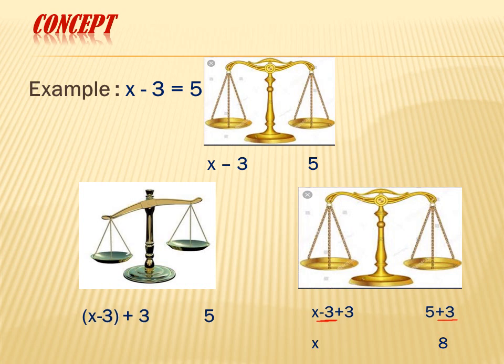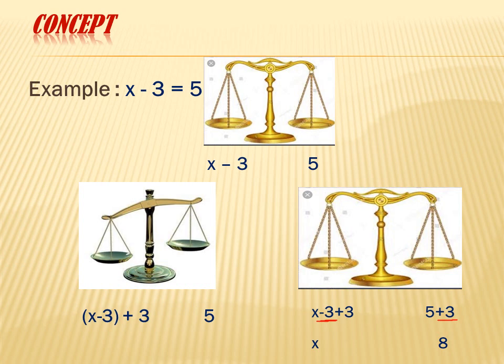Now here in this step, students, you have to see carefully. To remove this minus 3, you have added plus 3 here. So it means to remove one number in the left hand side, we have to take the same number in the right hand side, but with a change of operation.